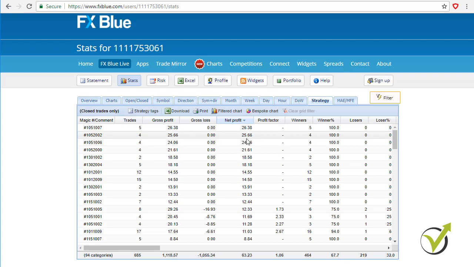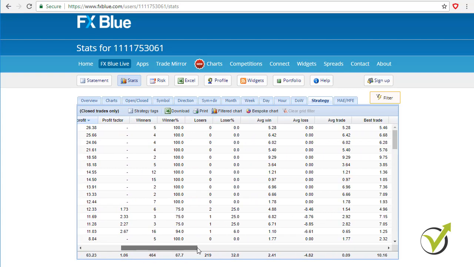And if I was trading with 0.1 lot size, this would be $260, $250, $240. And if I was trading with a complete lot, obviously this would be $2,600, $2,500, and so on. So the total net profit I'm having is $63, but this is, one more time I repeat, with 0.01.